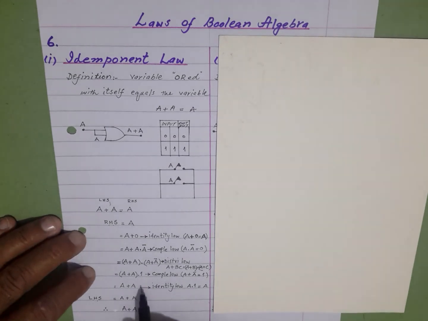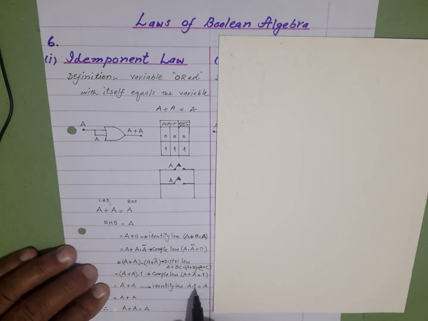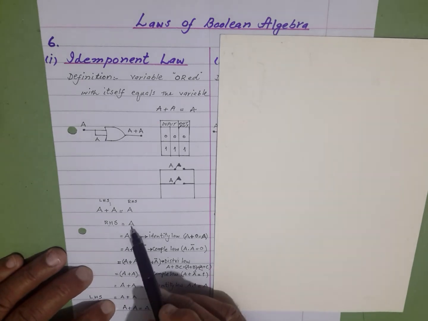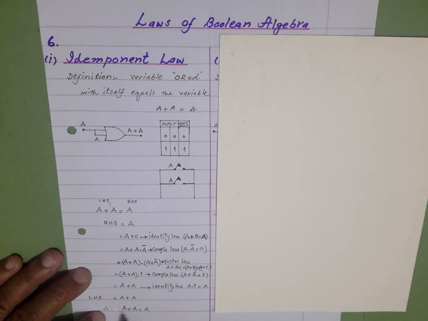This can be further written as A plus A by the identity law, which says a variable ANDed with 1 is equal to A. Therefore we started with A and we have reached A plus A, meaning A is equal to A plus A. Therefore we can say A plus A is equal to A. So we have proved that when a variable is ORed with itself it equals A.